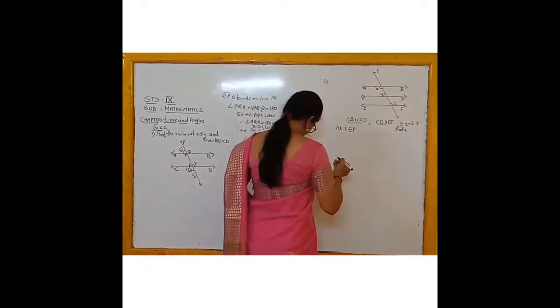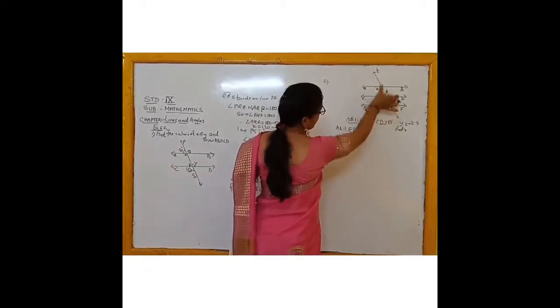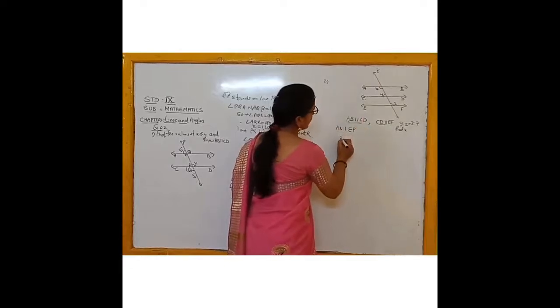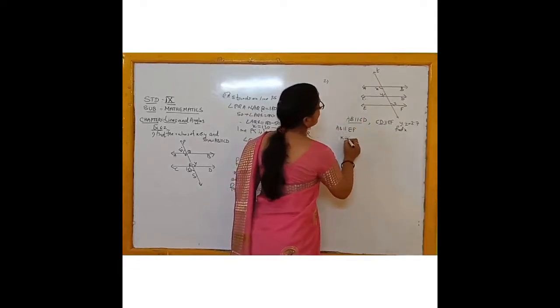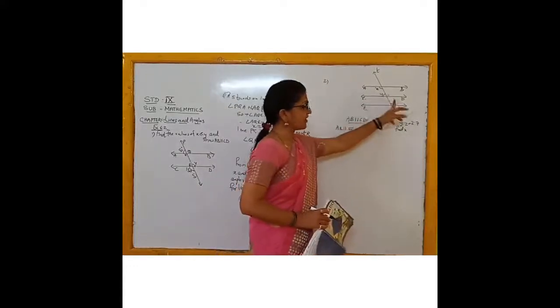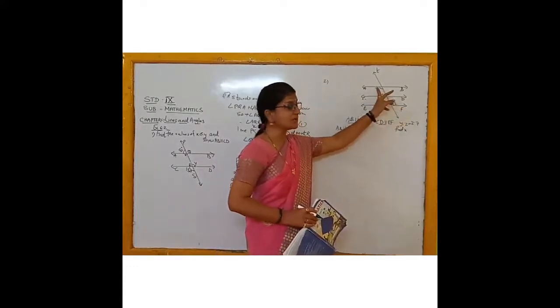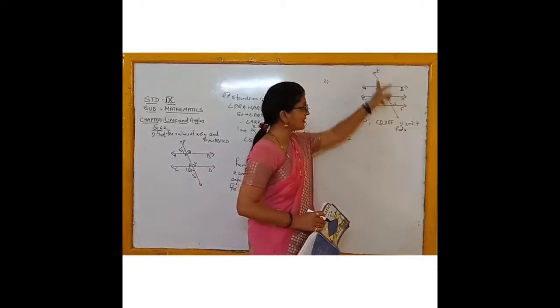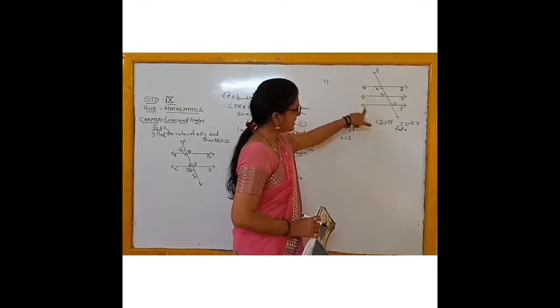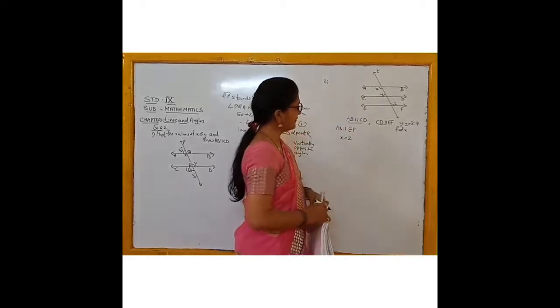So which are the two angles? These are the alternate angles, and therefore angle x is equal to z. Why? x and z are the alternate interior angles formed by transversal T to two parallel lines AB and EF. So x is equal to z.